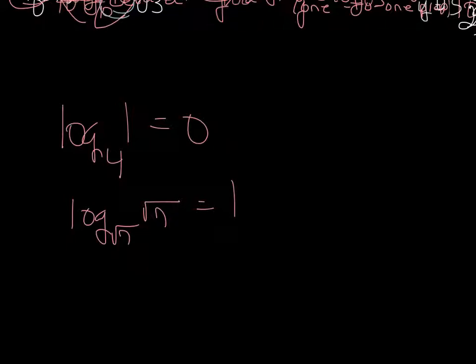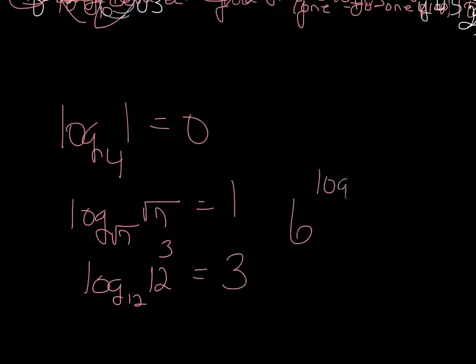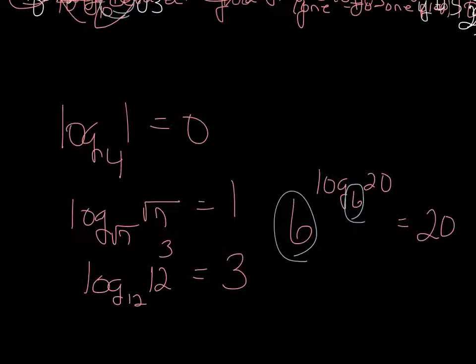And if we did log base 12 of 12 to the third, what would that equal? 3. Or 6 raised to the log base 6 of 20. 20. Notice the bases match. So that's just equal to 20.